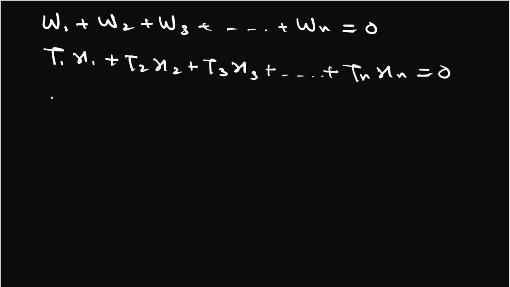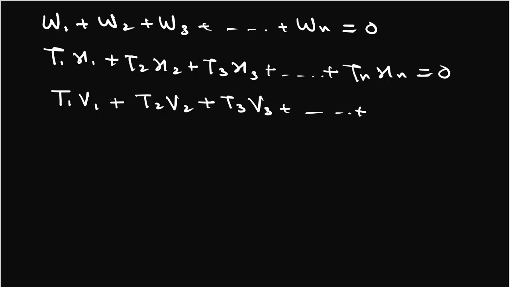Or we can write, if we differentiate it, we will get T1 V1 plus, because tension is constant, so it will remain the same, plus T2 V2 plus T3 V3 plus Tn Vn is equal to 0.